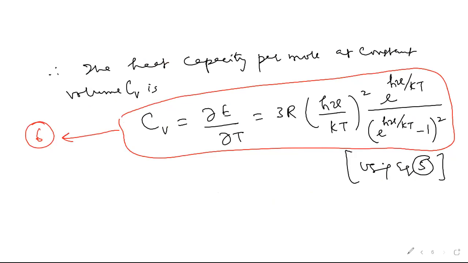CV is the partial derivative of the energy E with temperature, which turns out to be 3R times (h nu by kT) squared times e raised to the power h nu by kT over (e raised to the power h nu by kT minus 1) squared.